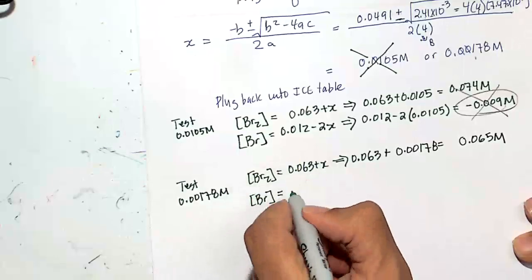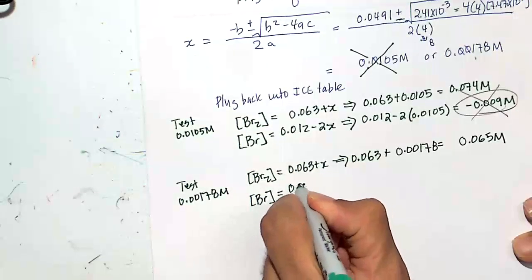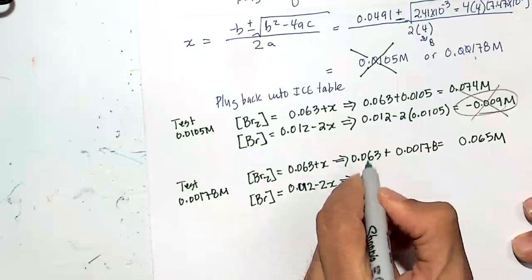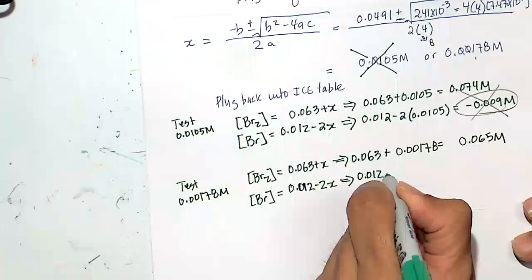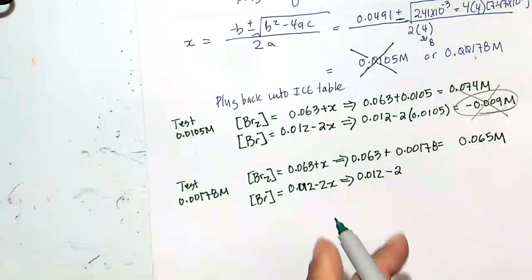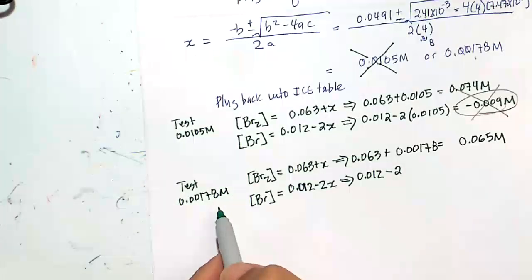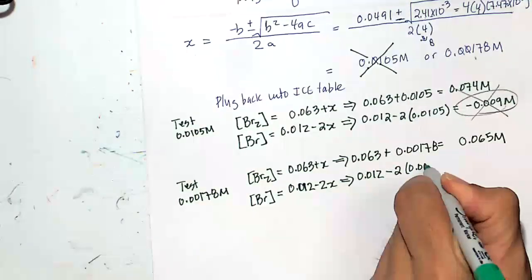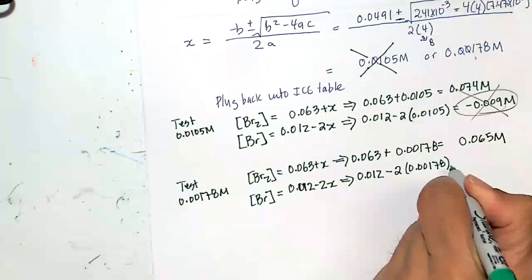And then my equilibrium concentration of Br is 0.012 minus 2x. We're testing 0.00178, so 0.012 minus 2 times 0.00178.